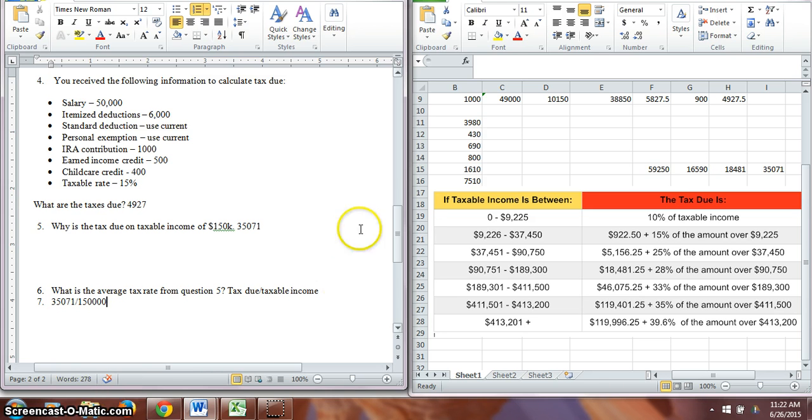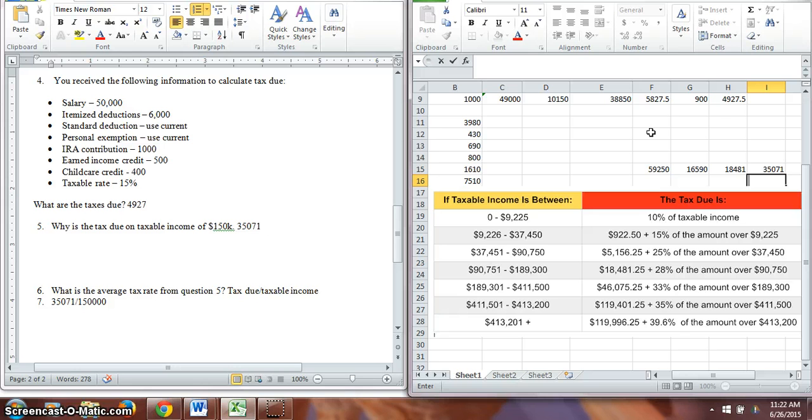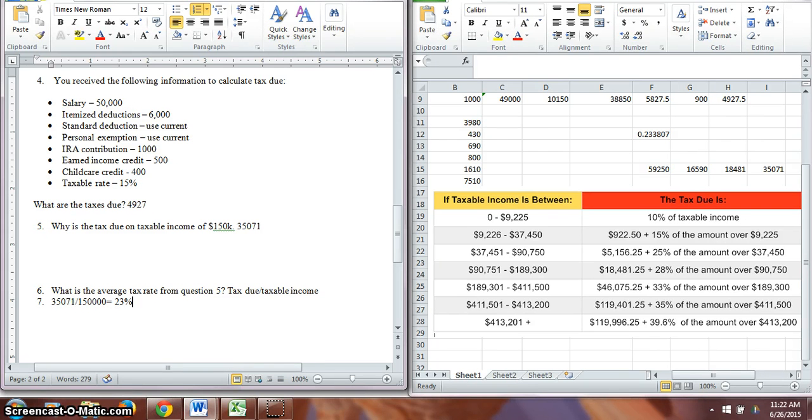Let's do the math over here on Excel. Equals 35,071 divided by 150,000. 23%.